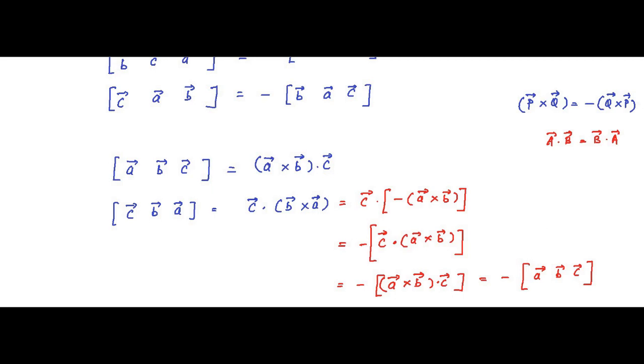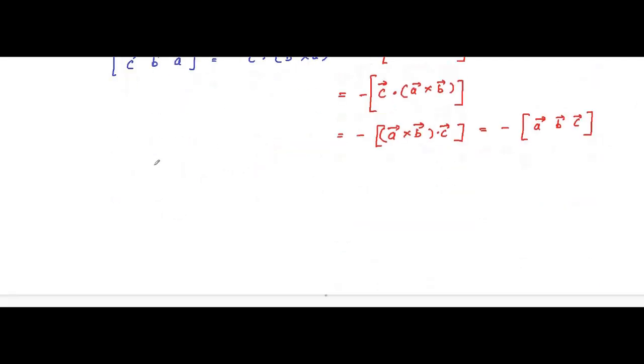Then another important property which will come in handy is this: while calculating the scalar triple product, suppose any two of the vectors are the same. Let us say A vector, A vector, B vector. So this will be equal to A vector cross A vector dot B vector.